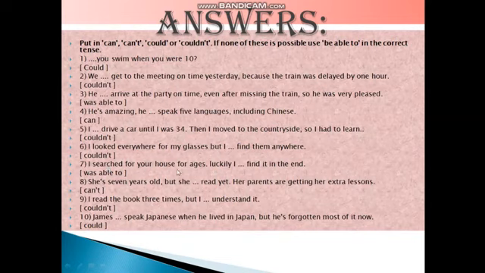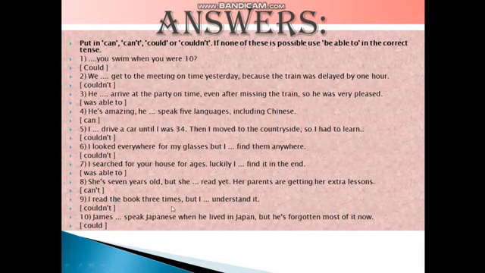I searched for your house for ages. Luckily, I was able to find it in the end. The eighth sentence. She is 7 years old, but she can't read yet. Her parents are getting her extra lessons. The next one.